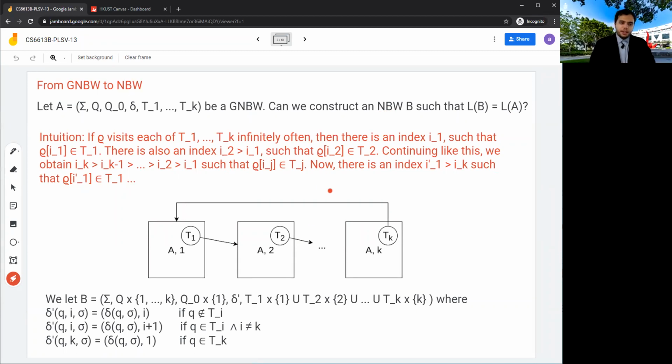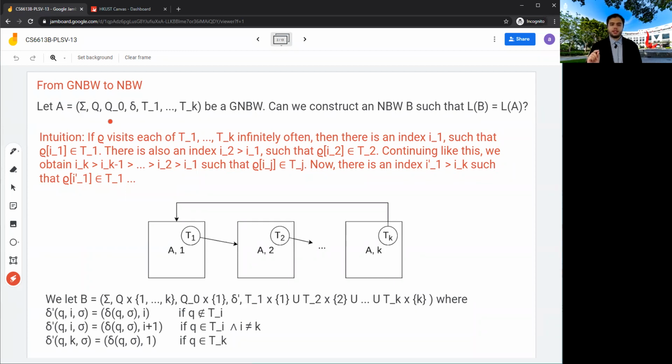Now, let me first give you the intuition and then I give you the construction, which also solves the homework. So the intuition is that if I have some run rho of my automaton, and if this run visits each one of T1 to Tk infinitely many times, then I can actually put an order on these visits. I can say, okay, there is some index i1 where I'm visiting T1.